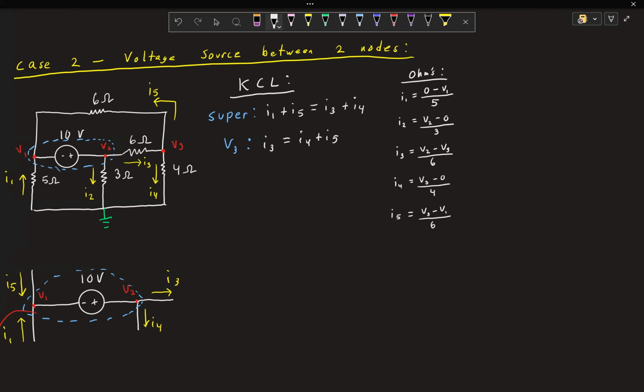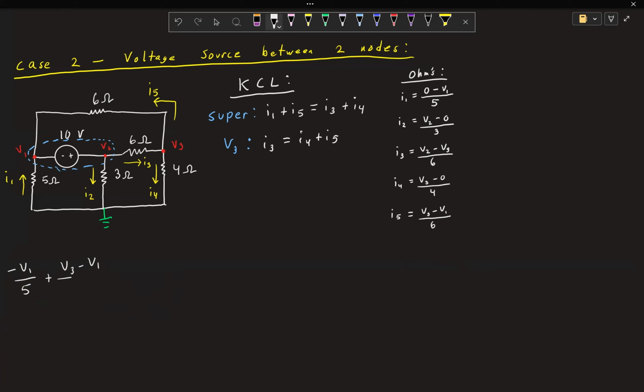Okay, and now we're just going to plug in all the currents into the KCL equations. So for the supernode equation, we're going to reach the following. And then we're going to simplify like always to get rid of these fractions.